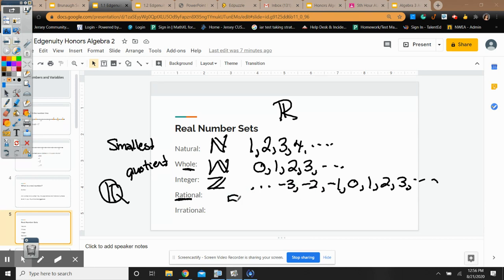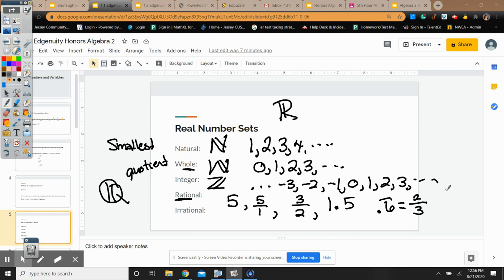So 5 is rational because it can be written as 5/1. 3/2 is rational. 1.5 is also rational because you can write it as 3/2. If you have 0.6 repeating bar, that is also rational because it can be written as 2/3.